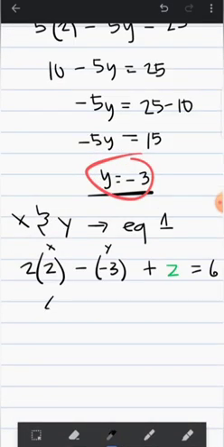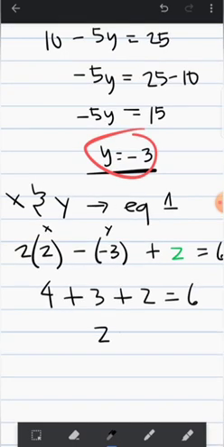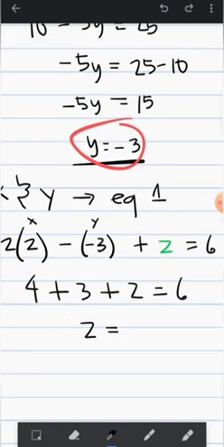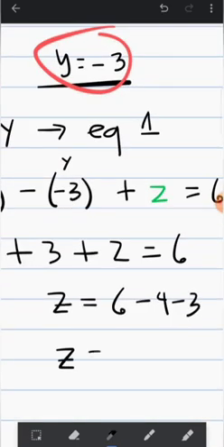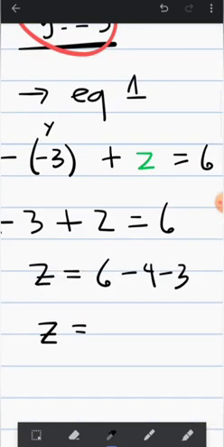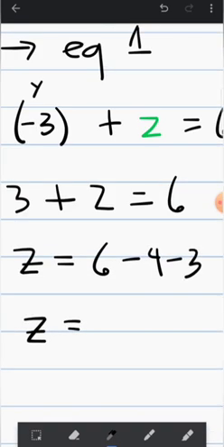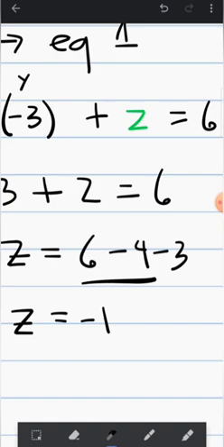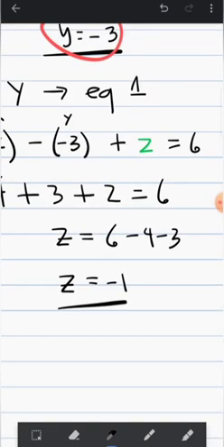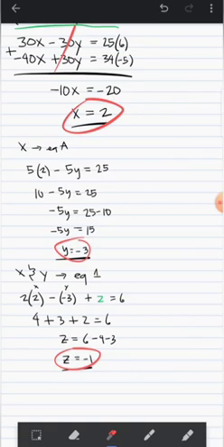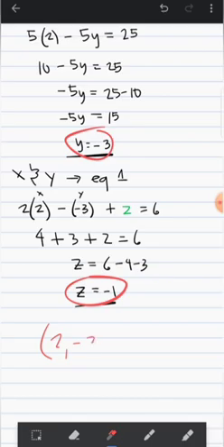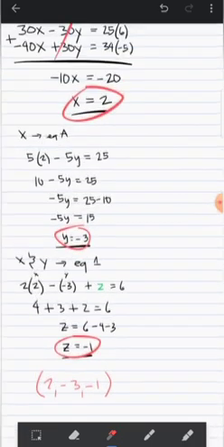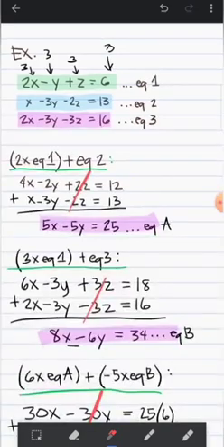And so, 4 plus 3 plus z equals 6. Transposing these terms, 4 and 3, z is equal to 6 minus 4 minus 3. 6 minus 4 is 2, minus 3 is negative 1. Or, just think of it as 6 minus 7, so it's negative 1. So, now we get the values of x, y, and z. That's 2, negative 3, and negative 1 as our solution for these 3 equations and 3 unknowns.